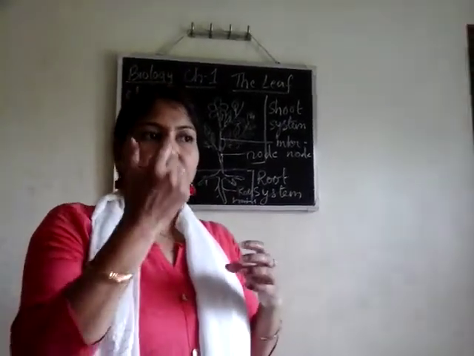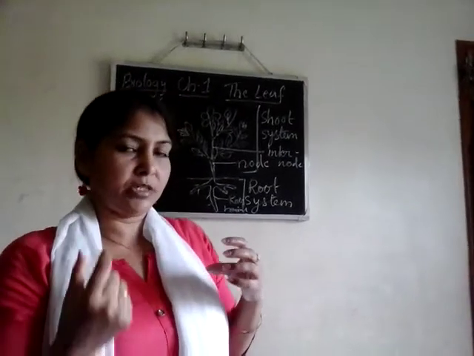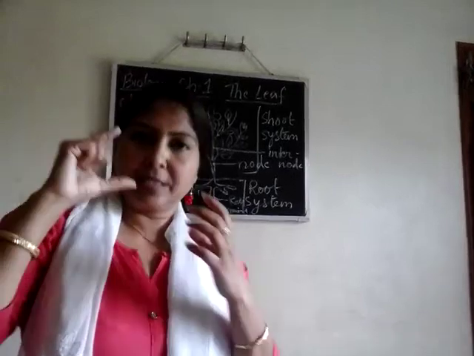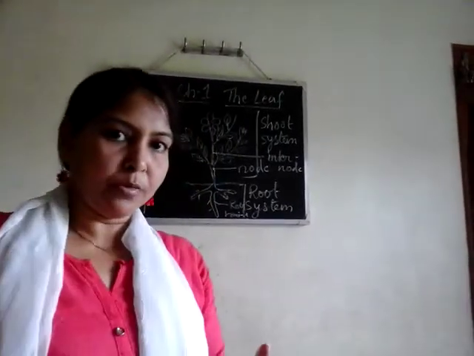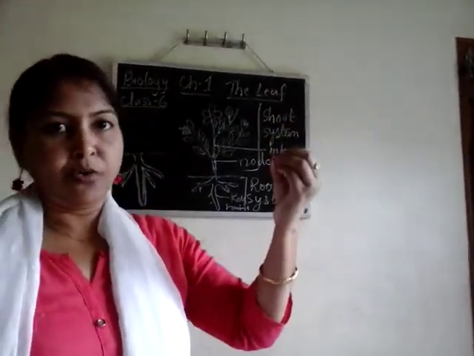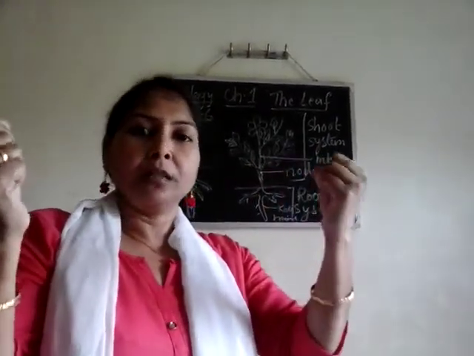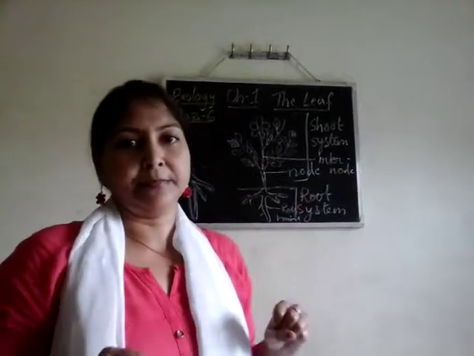Now, you won't uproot a peepal tree, but when the peepal tree is in the form of a plant, when you uproot that and a grass, then you will find some difference between the roots of these two plants.